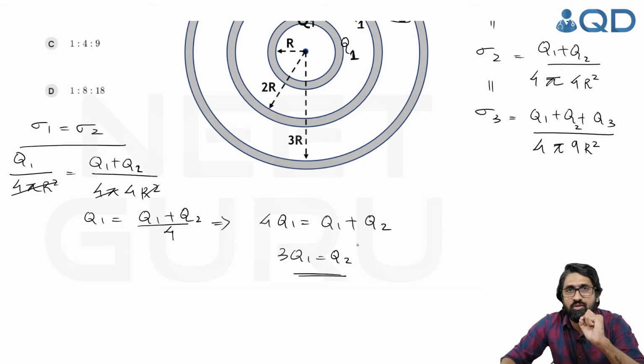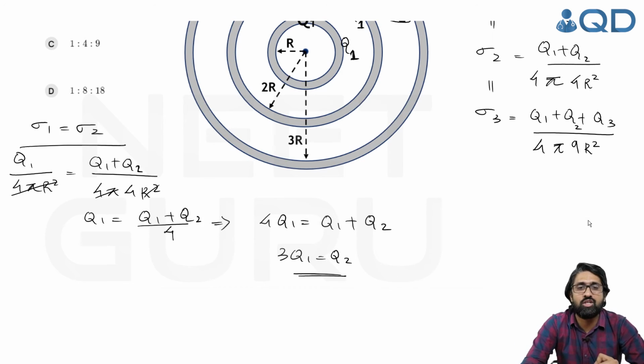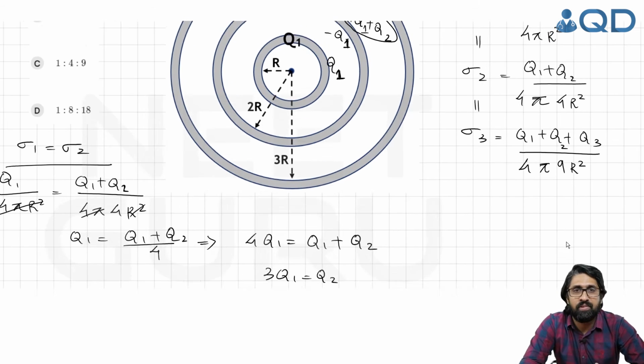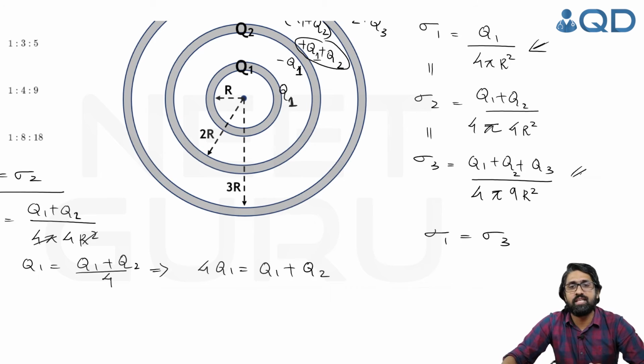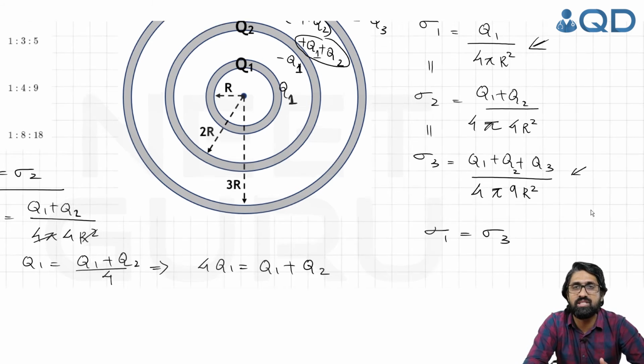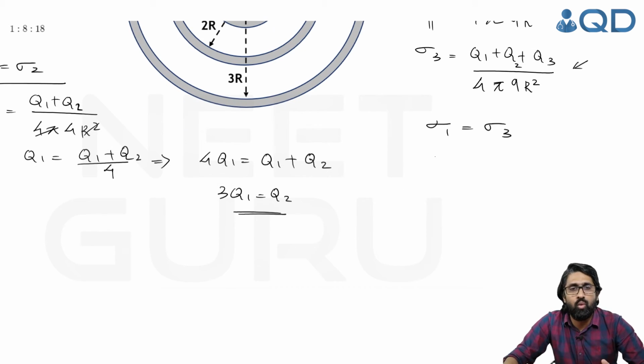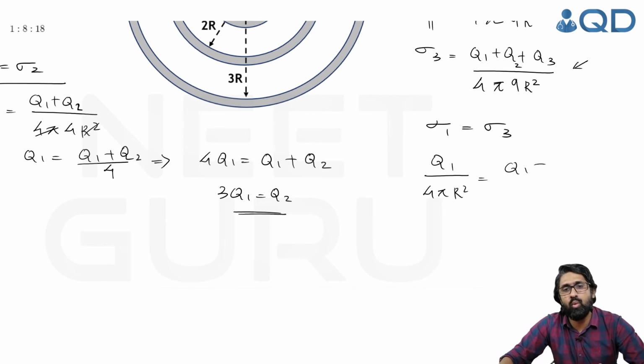So we have a relation between q1 and q2. Now let's work on the relation between q1 and q3. We'll equate sigma 1 with sigma 3, because we know that the surface charge densities of all the outer surfaces of all these shells are equal. That will be q1 divided by 4 pi r square equal to q1 plus q2 plus q3 divided by 4 pi 9r square.